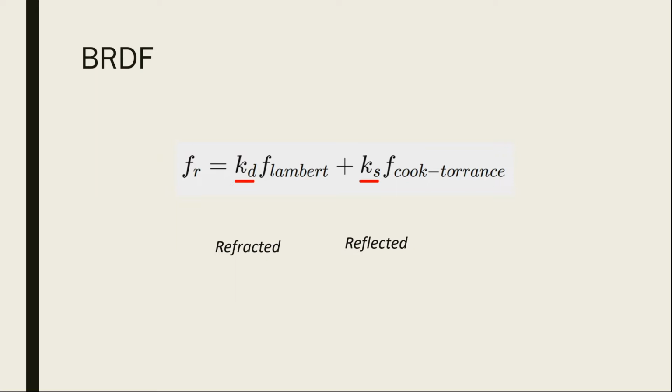The first part on the left is the refracted or diffuse part. kD is the ratio of the light energy that gets refracted. The function f Lambert is c over pi, where c is the diffuse surface color, and we divide by pi to make the diffuse light normalized.